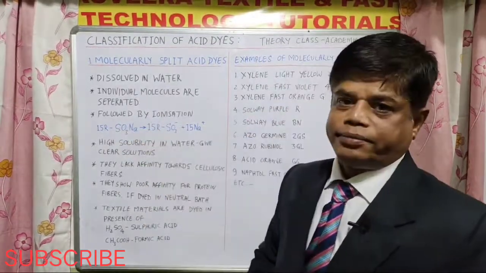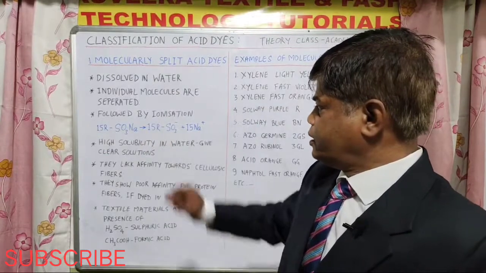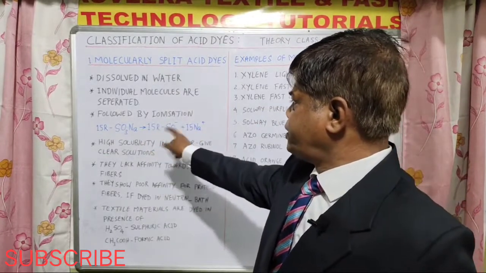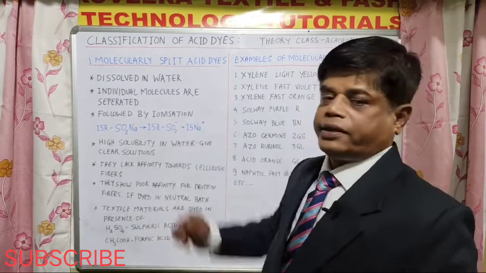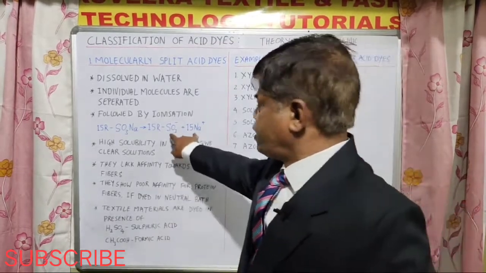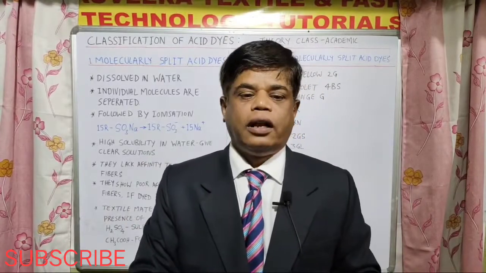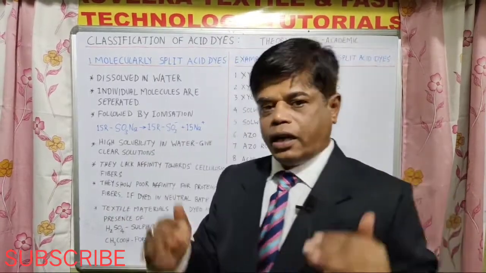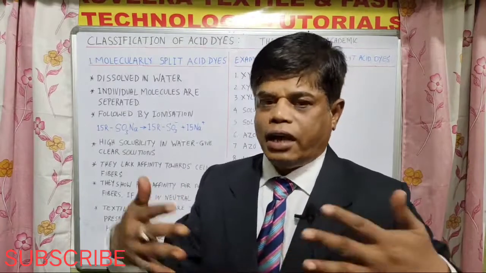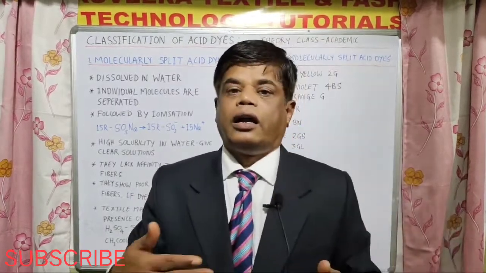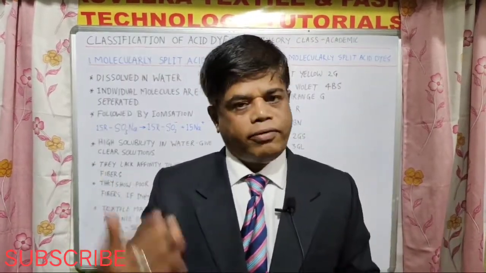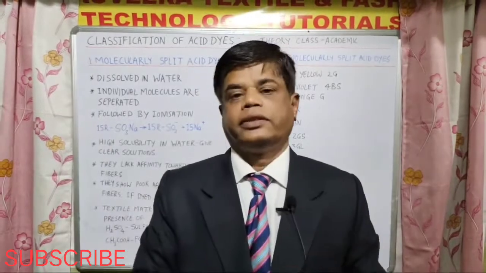This SO3Na is split into plus and minus, and these two go and attract to the opposite ion chemicals of the fibers. That is the affinity between the dye molecule and the fiber chemical substances.